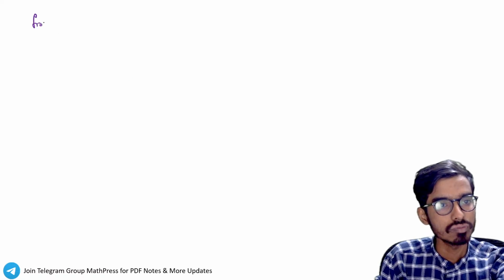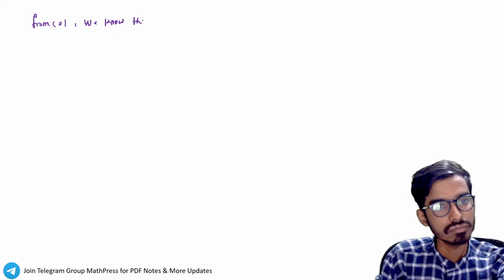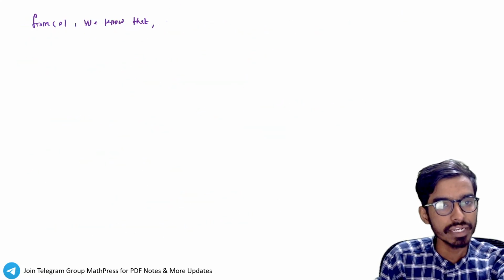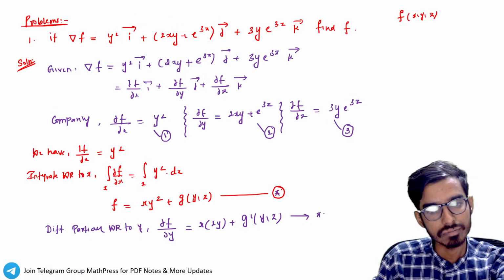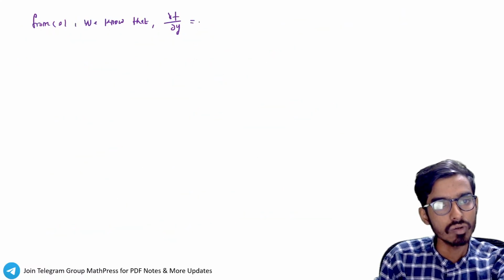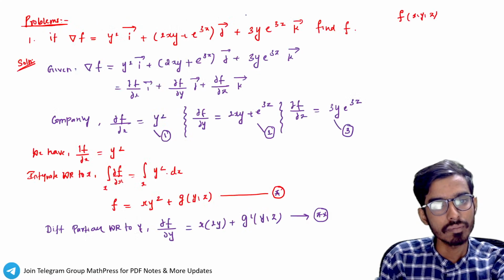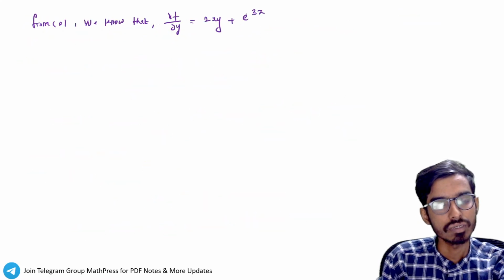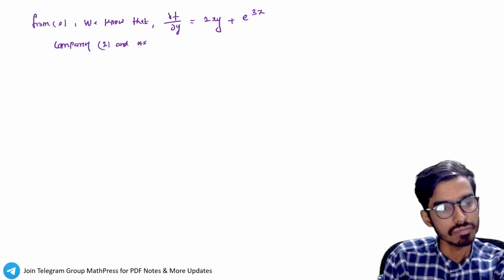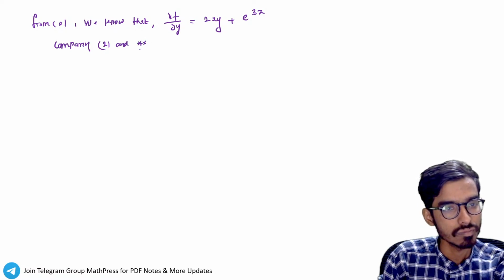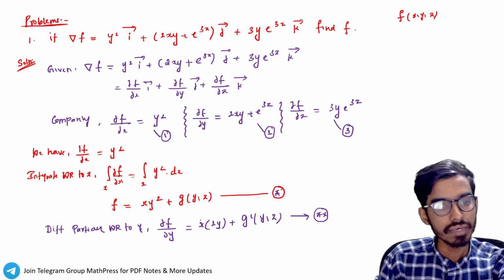So from 2 we know that ∂f/∂y, let us call this double star, is 2xy plus e power 3z. So comparing 2 and double star, we are differentiating with respect to y, so we have g dash of y comma z.